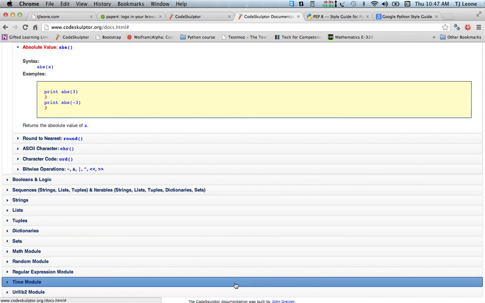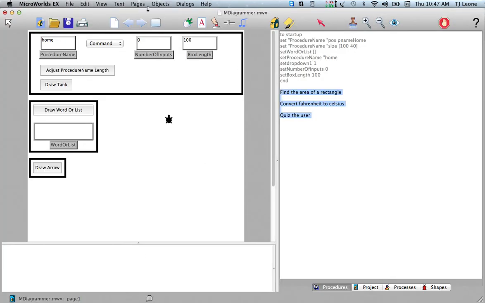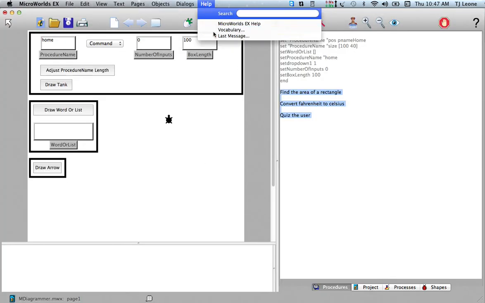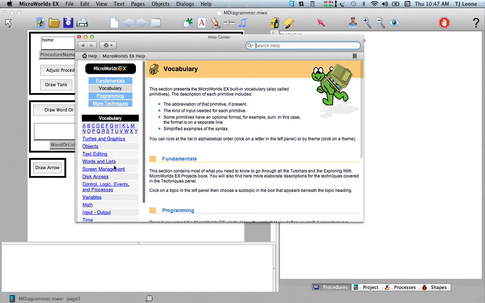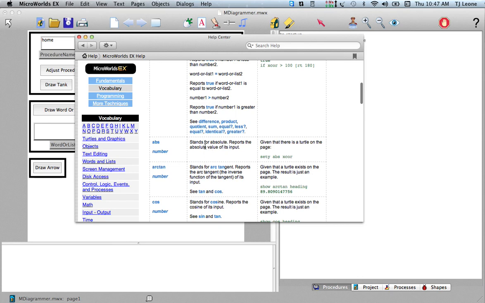And in Logo, they have a similar thing. I think we just saw it in the vocabulary. If you look under math, there's abs, stands for absolute, reports the absolute value of its input.